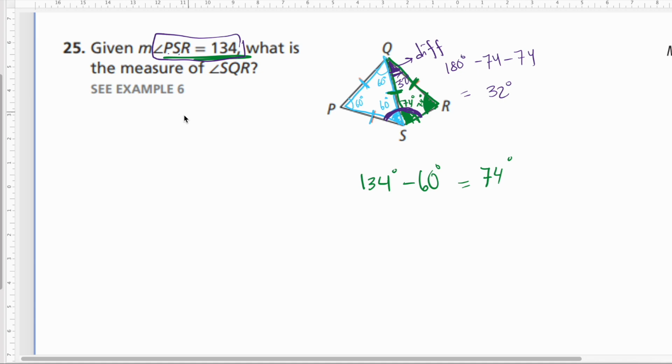So let's list down all the angles. Angle QPS is 60.